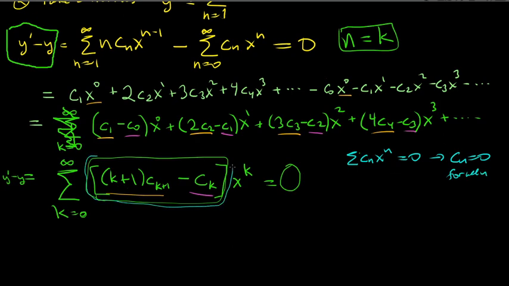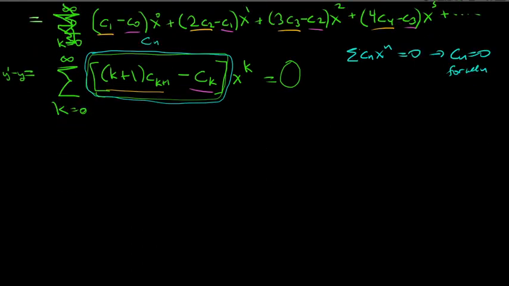All of this stuff in here, this is my Cn now. It's a mixture of ck's and ck plus 1, but it's my general Cn. It's the number in front of the x to the n, or x to the k in this case.